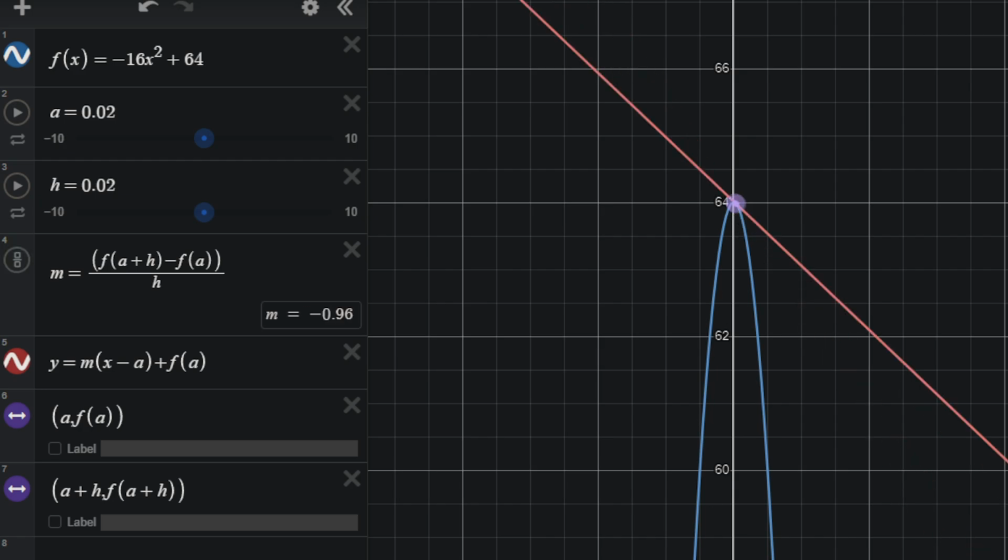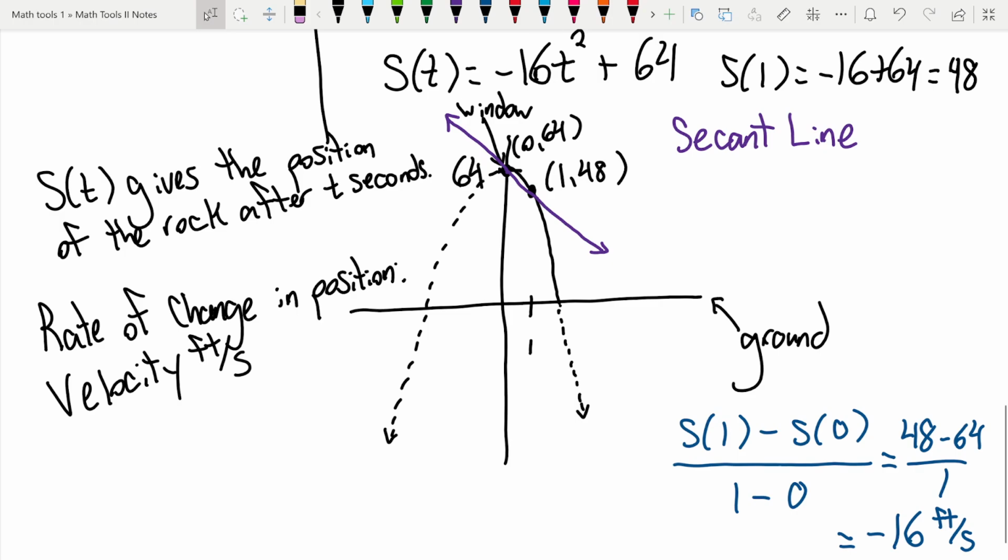Okay. Well, the slope at a particular point can be found by what's called the slope of the tangent line at that point. So the tangent line is a line that intersects the function at that point and only at that point. Okay.